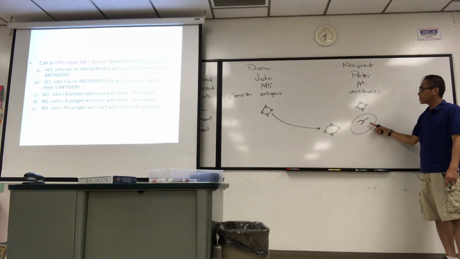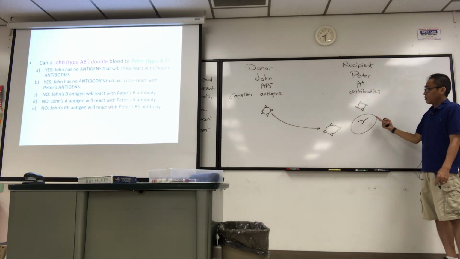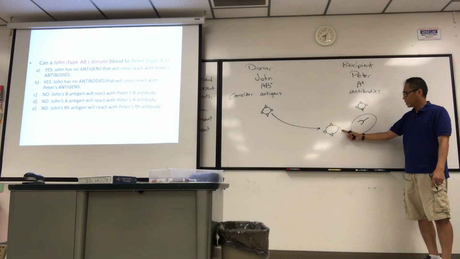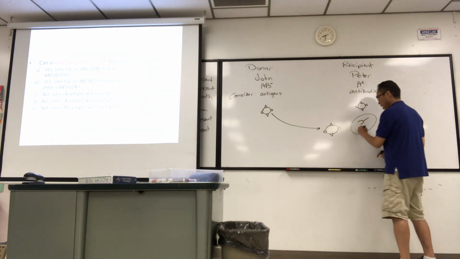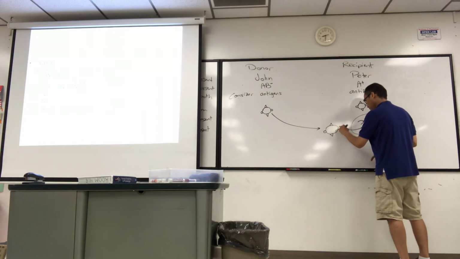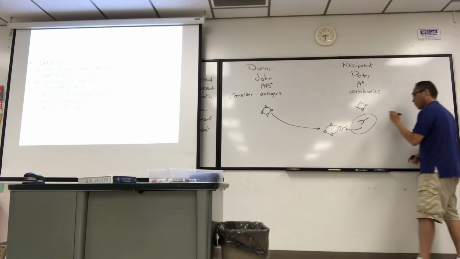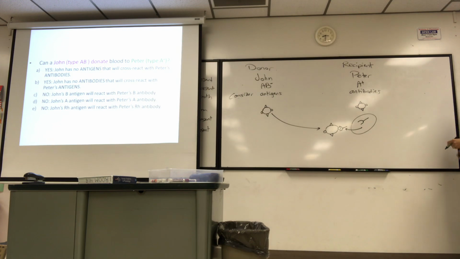But here's the specific reason why you can't do it, because the antigen B will be attacked by an antibody against B. So there's a cross reaction. You always want to write that out. Don't just say the blood cross reacts. You have to identify what cross reacts, because there's three possibilities.